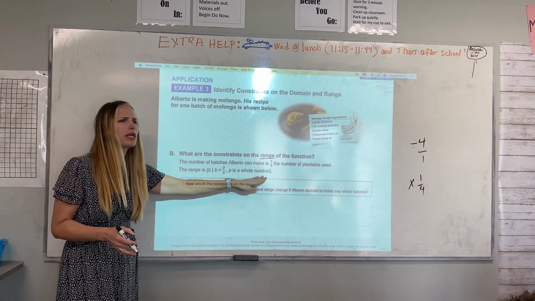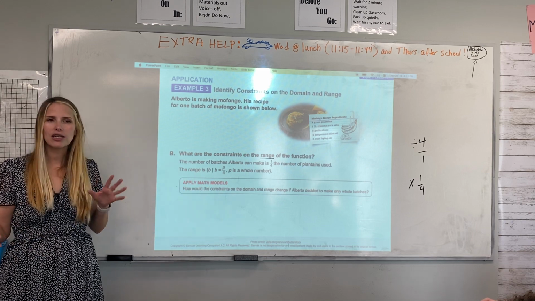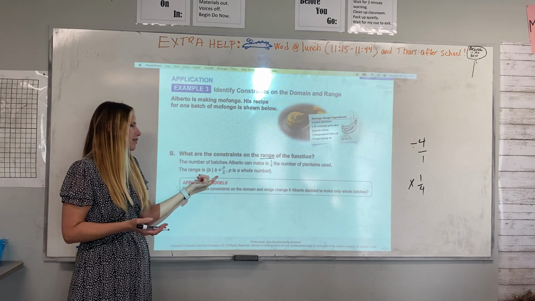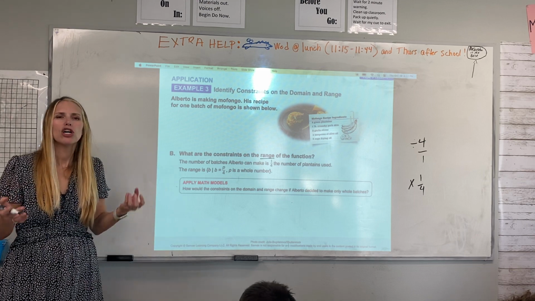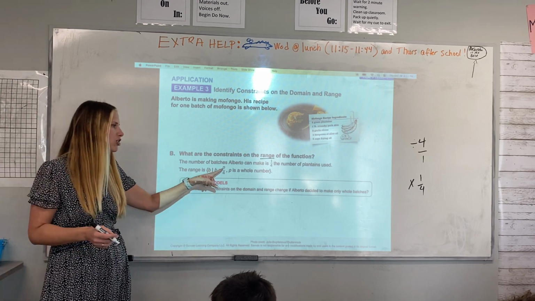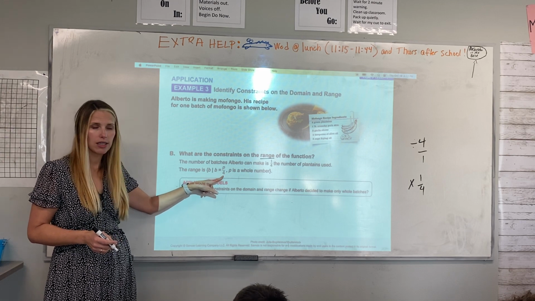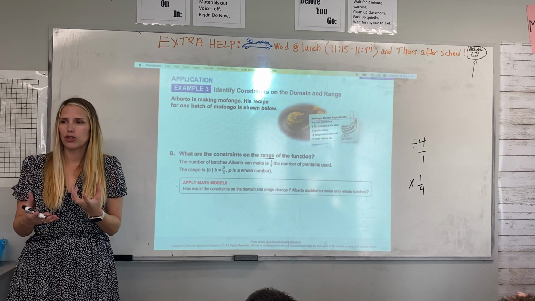So this is a really weird way to write the range in this notation, but to get the exact number of batches you could have, you have to know how many plantains you have. You take your plantains, you divide by 4, and then that will tell you what your batches could be.